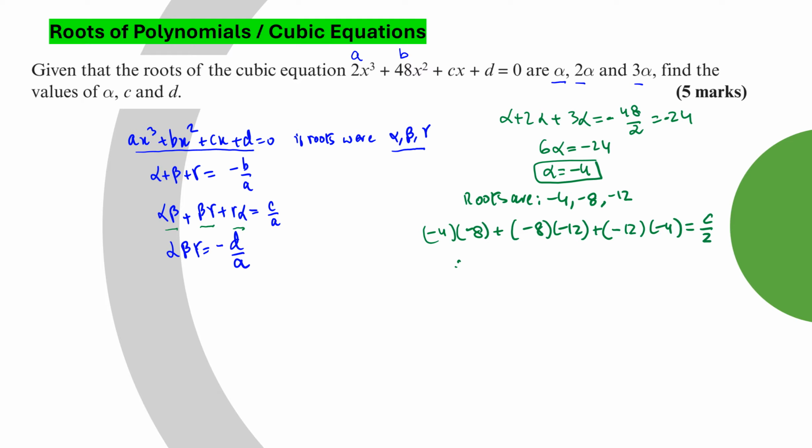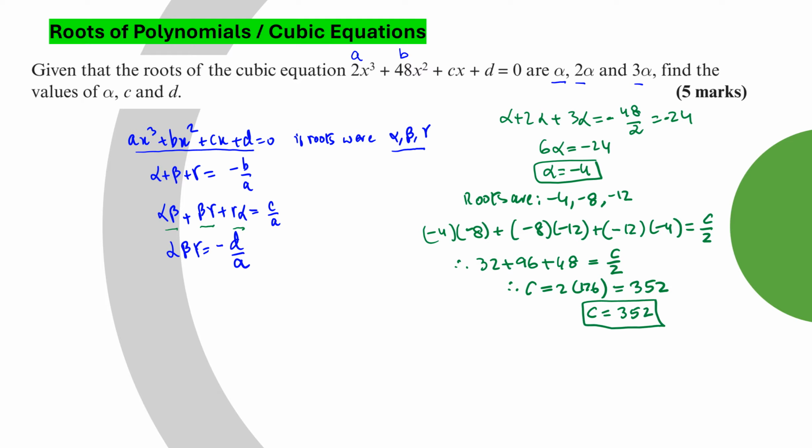So therefore we can say 32 plus 96 plus 48 is equal to c over 2, and therefore c is equal to 2 times 176, that is equal to 352. So you get c is 352.